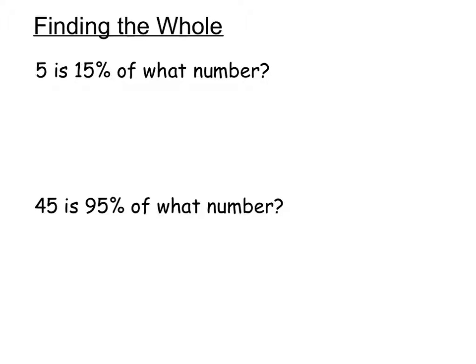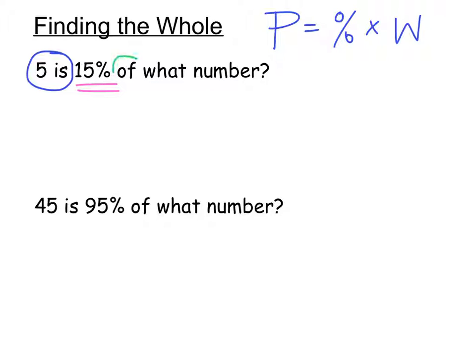Last but not least, this time the whole is missing. So on top, once again, my equation is part equals percent times whole. It says 5 is, that's a key word, 15% of what number?